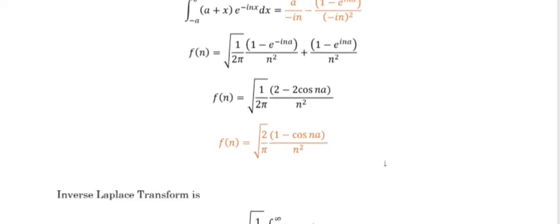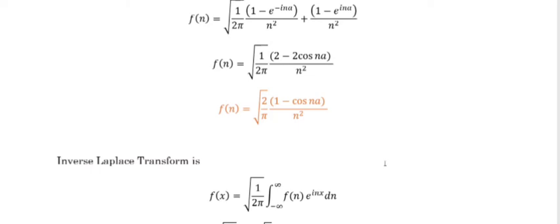Now you have to add up these two integrals to get the final integral. So I am adding up. The first term in both the integrals gets cancelled, and for the remaining we get the answer f of n is equal to root of 2 by pi, 1 minus cos na by n square.